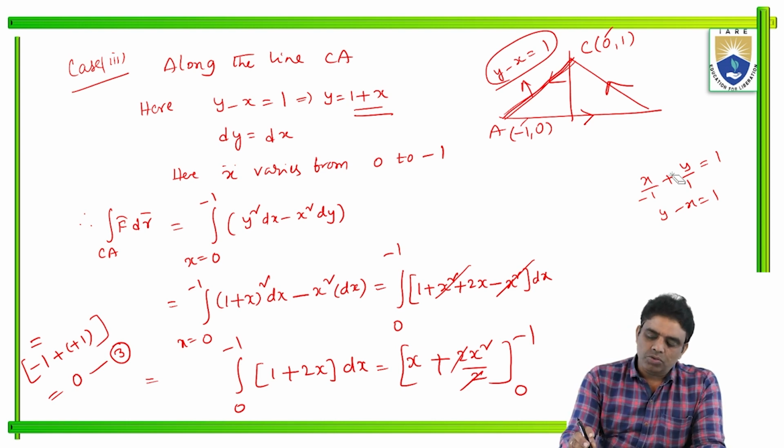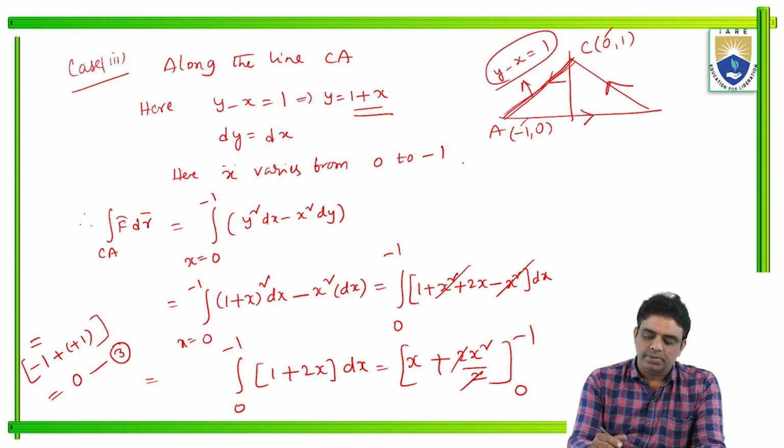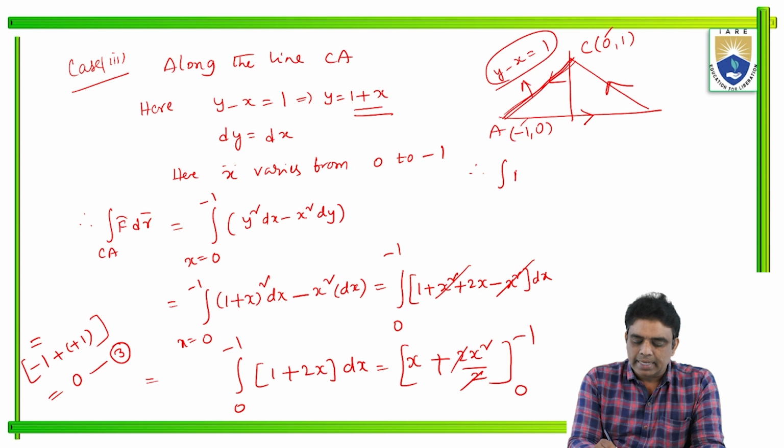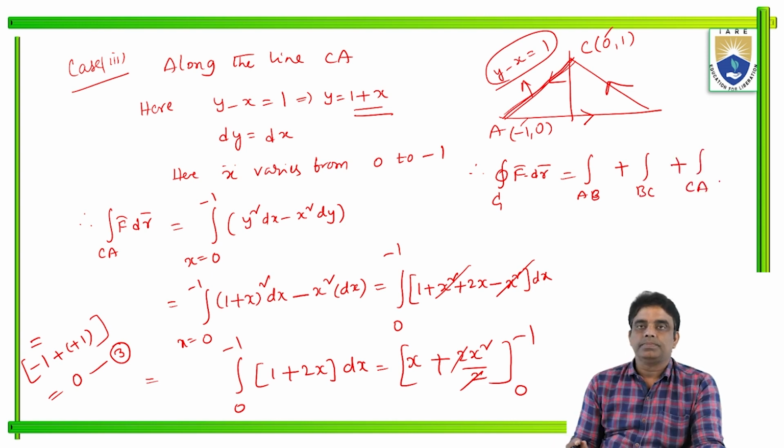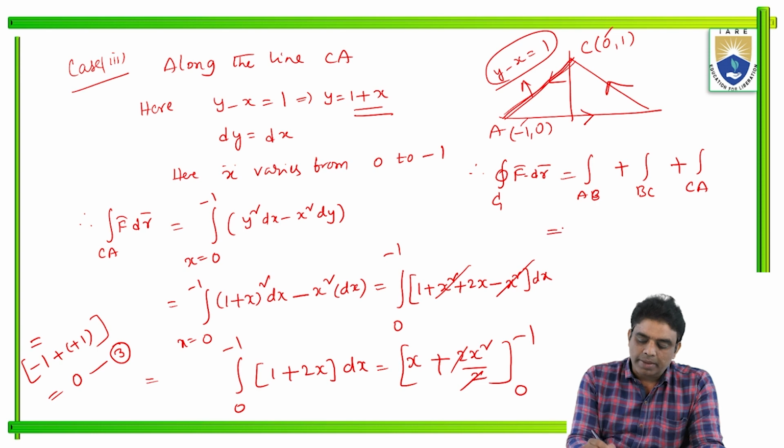Therefore, what is the conclusion? We have to find the complete line integral along the closed curve C. Therefore, the integral of F dot dr around the closed curve C is equal to the integral along AB, then along BC, plus along CA. So what is along AB?